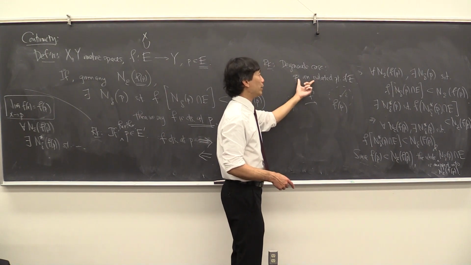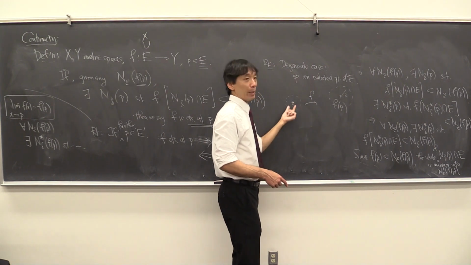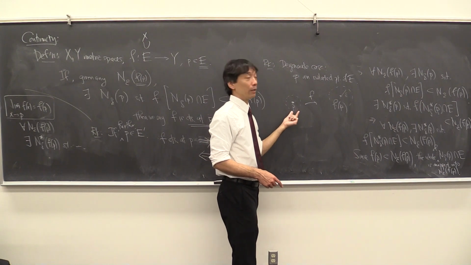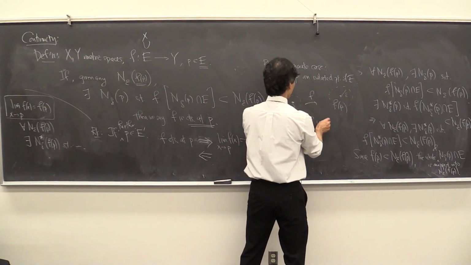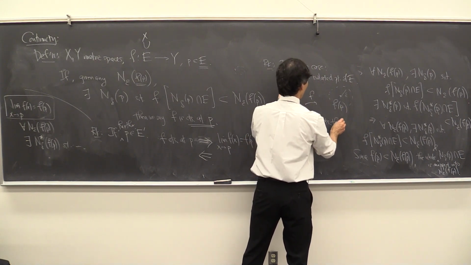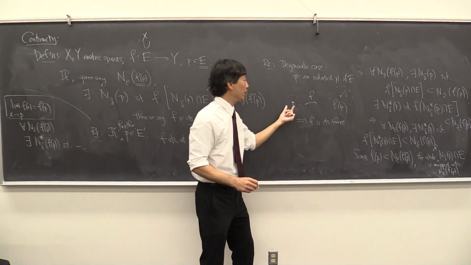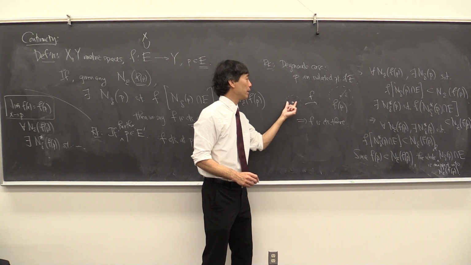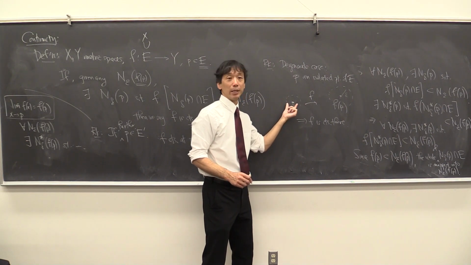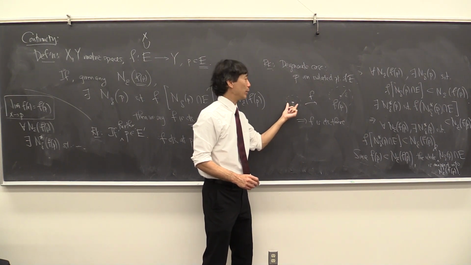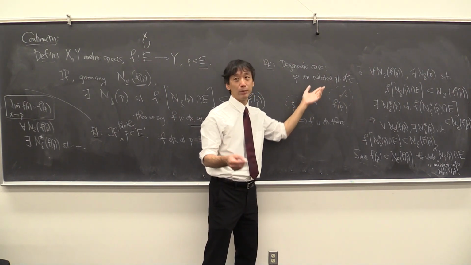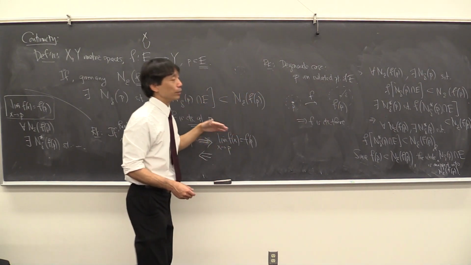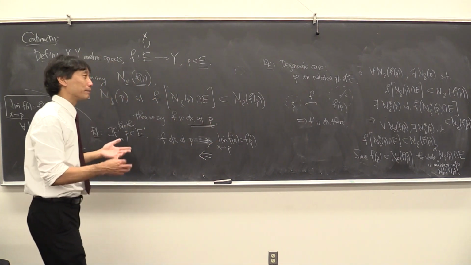So whenever you're an isolated point, the function is automatically continuous there. Just take the neighborhood in which P is isolated, and that neighborhood gets mapped inside there.